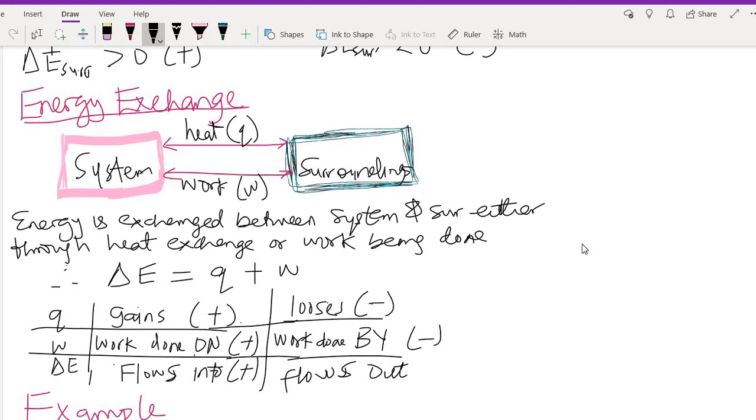Heat is denoted with the letter Q, while work is denoted with the symbol W. Because internal energy is the sum of all the potential and kinetic energy, the change in internal energy, delta E, is going to be equal to Q plus W, which we have here.